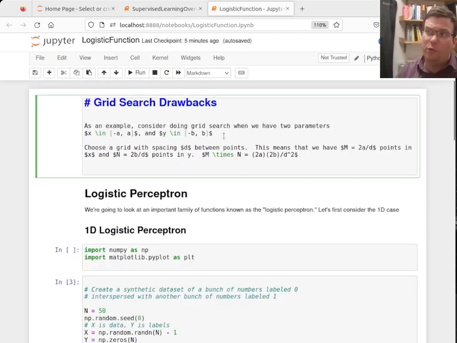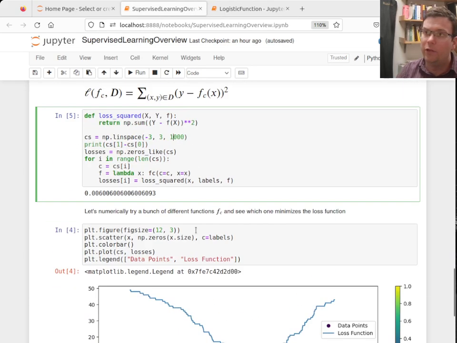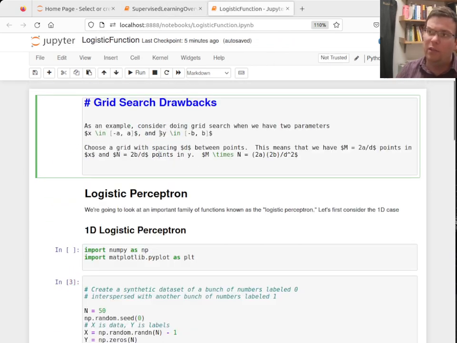And so there I might have two parameters. Let's say that one of the parameters was x, in an interval ranging from -a to a, and another parameter y was in an interval ranging from -b to b. So for a spacing d, like the 0.006 here, that means we have 2a over d samples that we would take if we were uniformly spacing these for our x, and then we would have 2b over d samples for our y.